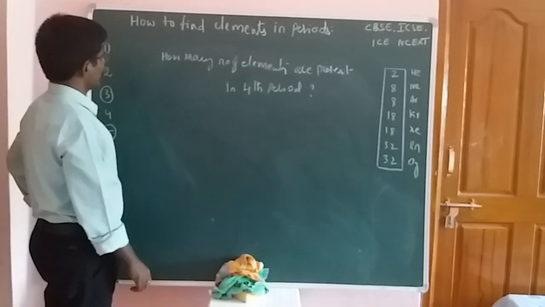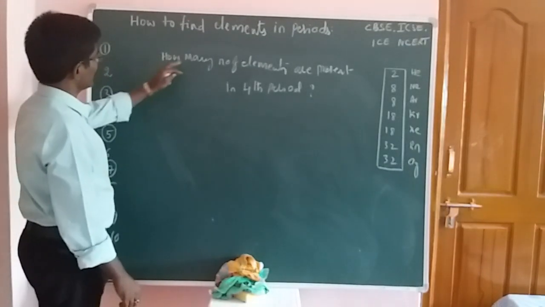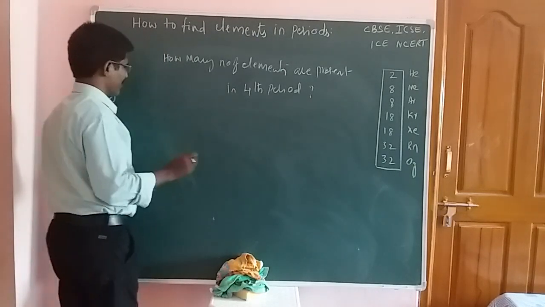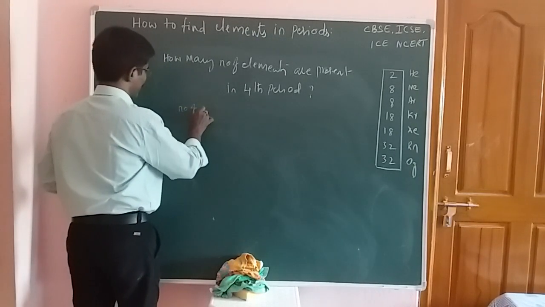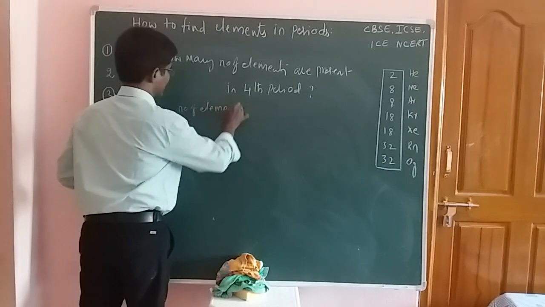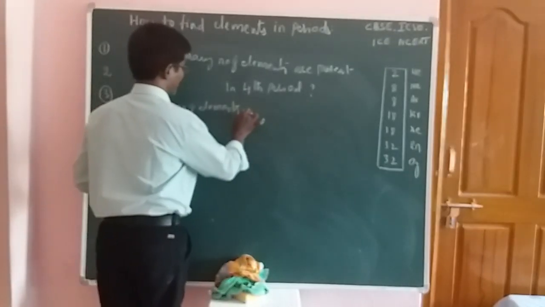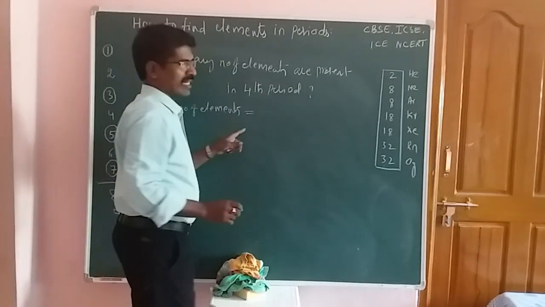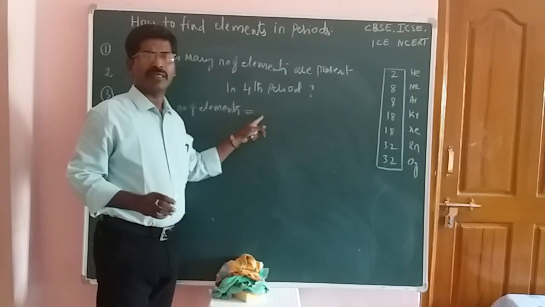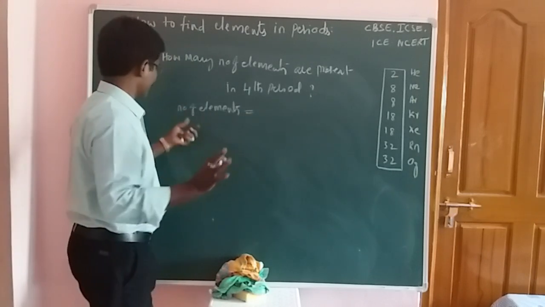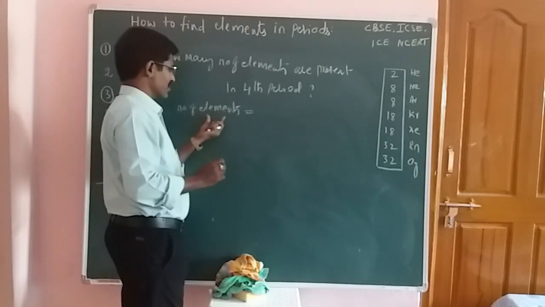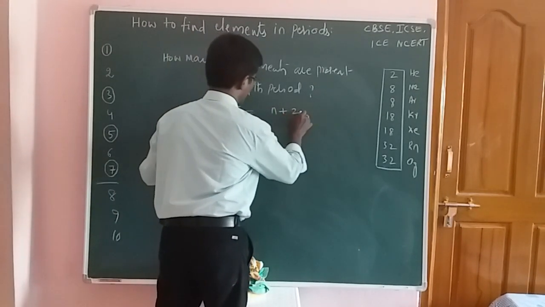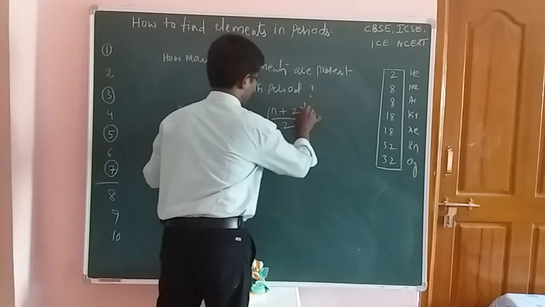Now here, how many elements are present in the fourth period? The number of elements present in the fourth period is equal to ((n plus 2) upon 2) whole square into 2.